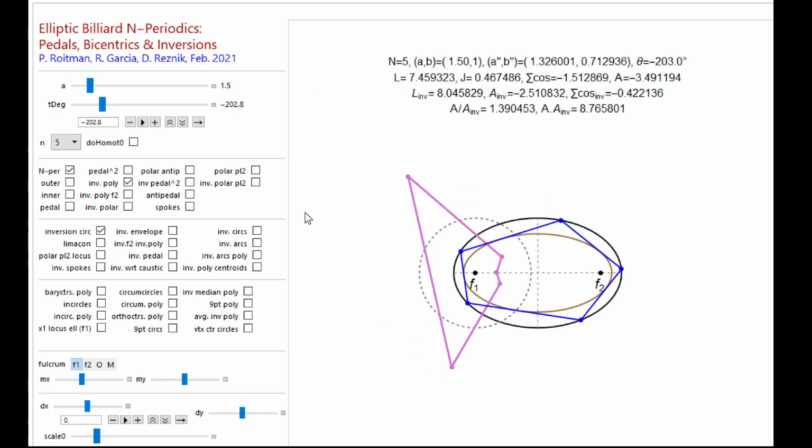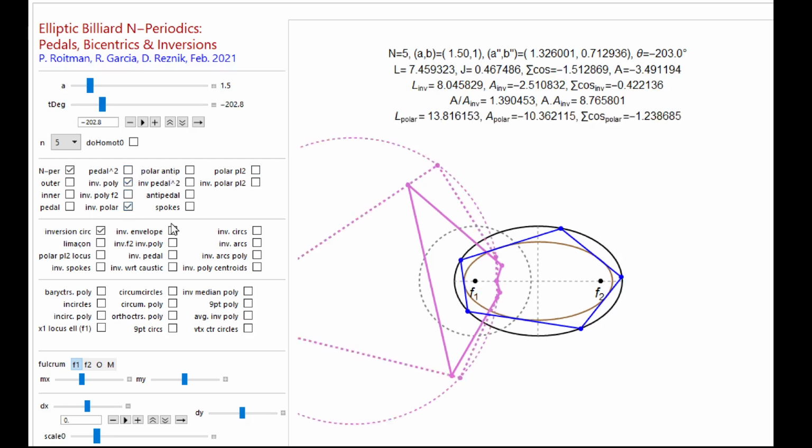Now I want to take this family, and I want to compute the antipodal polygon of this pink polygon with respect to F1. So how do I do this? Just need to find it here. Inversive polar. That's it. Okay, so imagine running spokes from F1. I believe I have those spokes. Yes, I have those spokes.